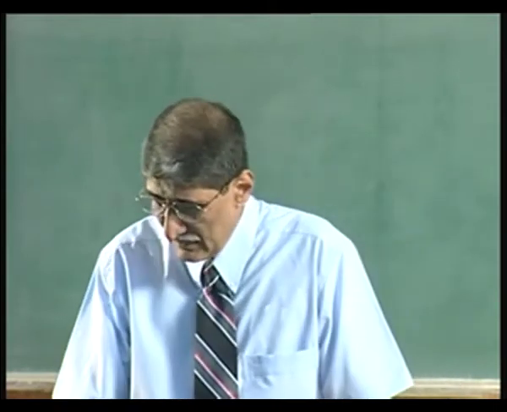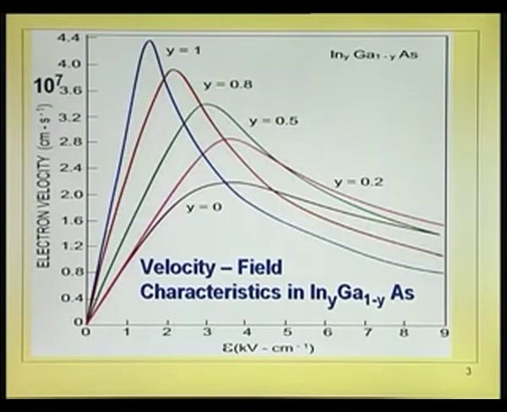For example, I just go into this diagram, you can see this is the velocity field characteristics of indium gallium arsenide. Y equals 0 is gallium arsenide. So, if you are putting gallium indium arsenide, you can put it the other way also. It all depends which one you are focusing upon.